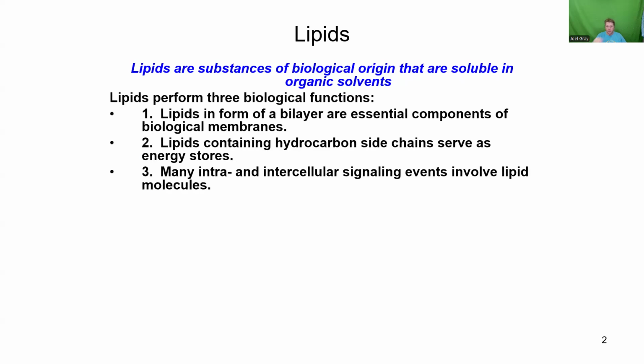Now, lipids perform three major biological functions. One, lipids can form what's known as a bilayer, and these are essential components of any biological membrane. If you think about a cell, a skin cell, a liver cell, any type of cell that makes up part of your body, I always visualize them as a sphere, basically.